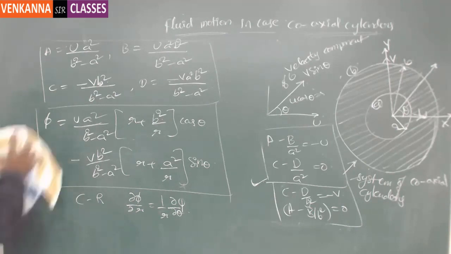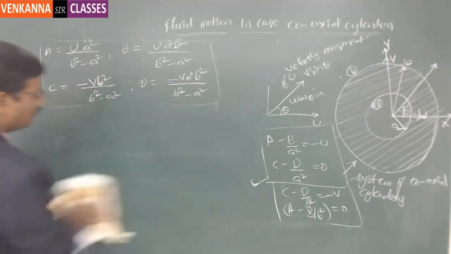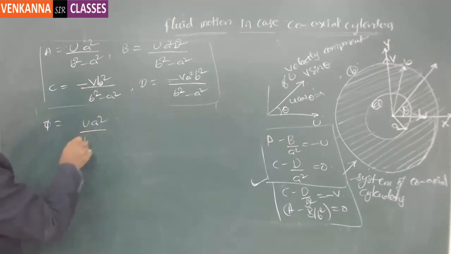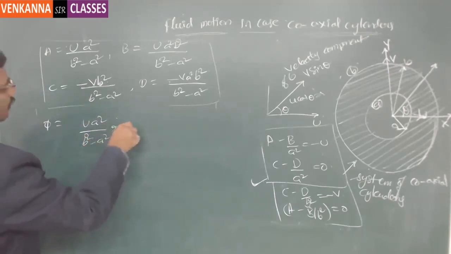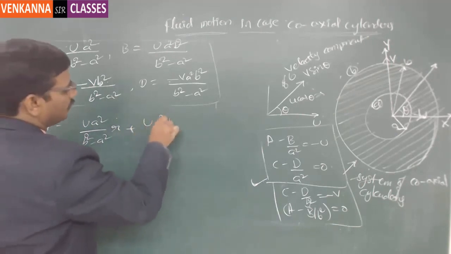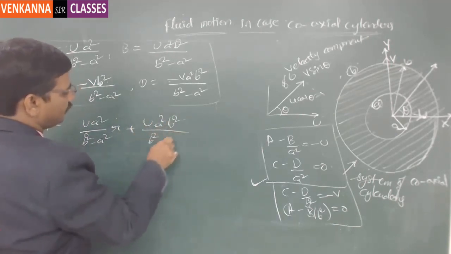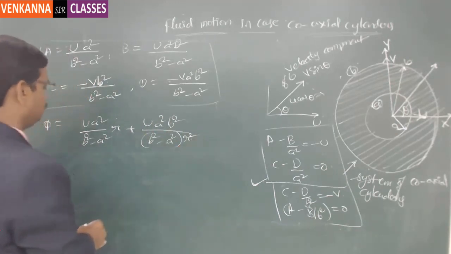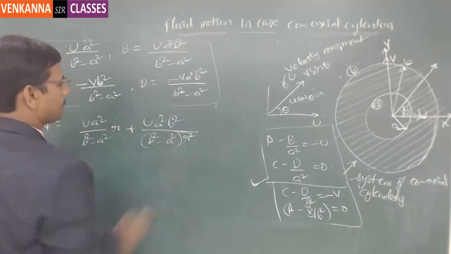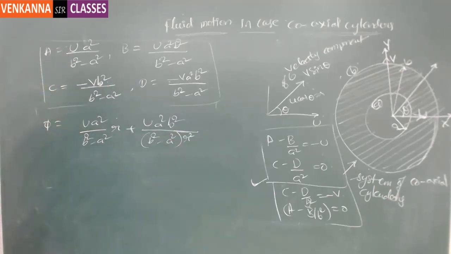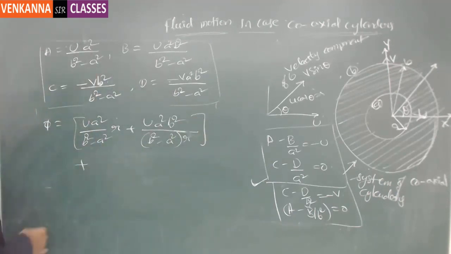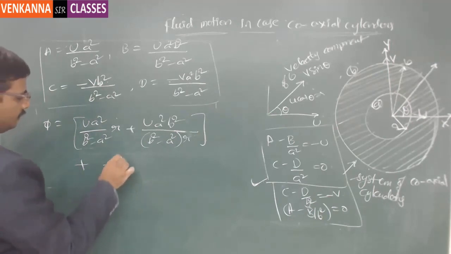Okay, so let me cross check it. What we have got is φ equal to A R, u a square by b square minus a square times r, plus b u a square b square divided by b square minus a square into r square, plus b by r, plus C R, that is minus v.